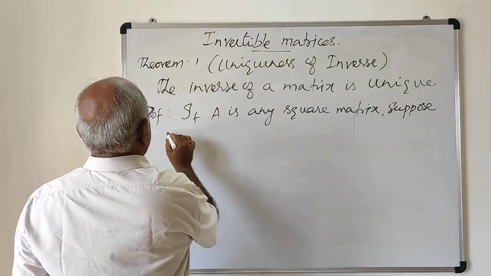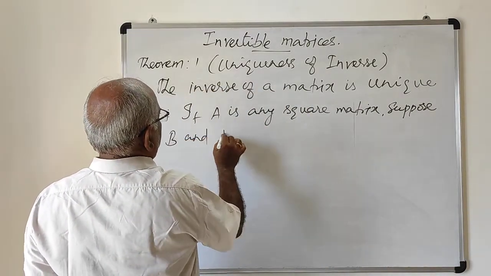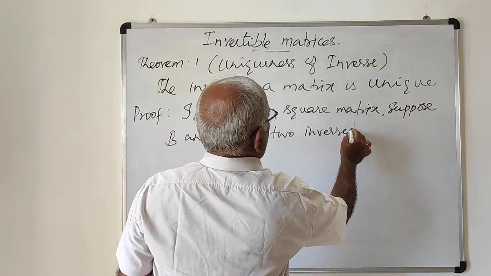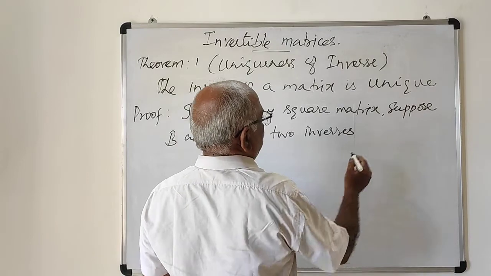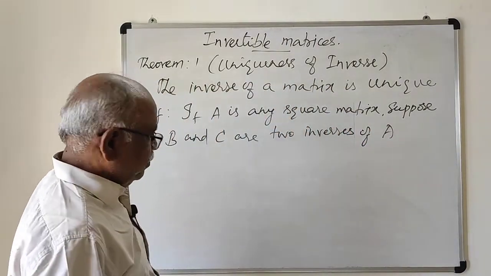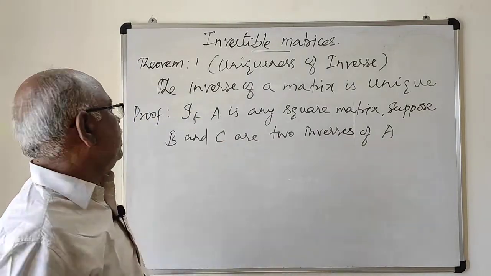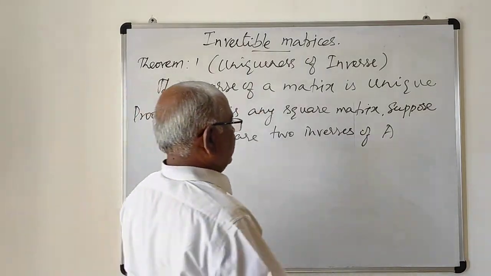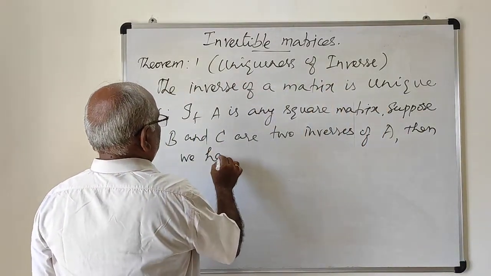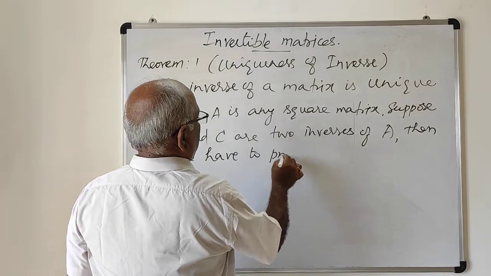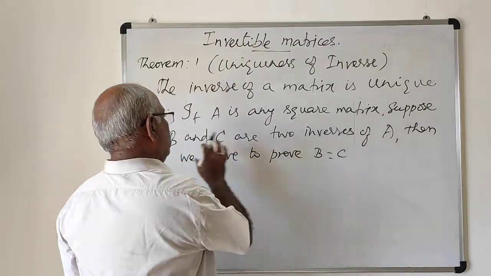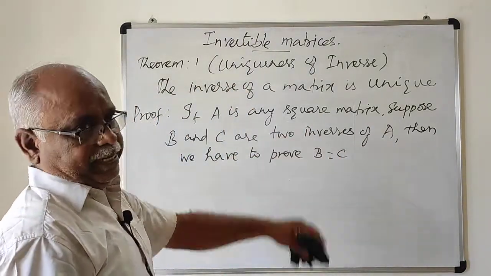Then we have to prove that B equals C, because two inverses are not different, they are one and the same.